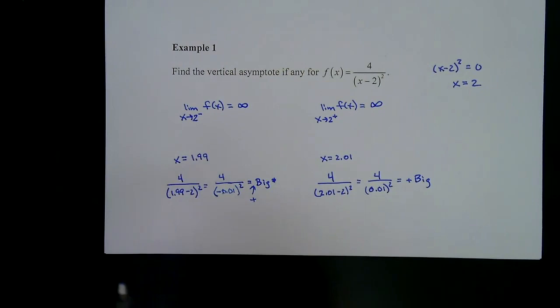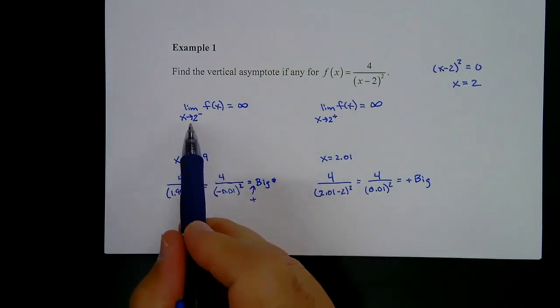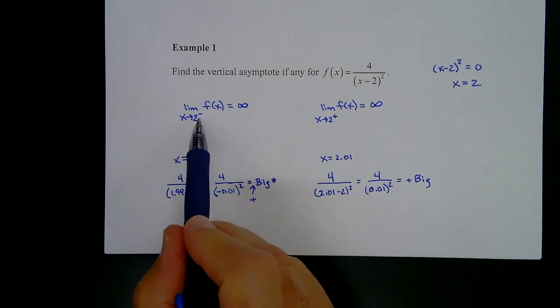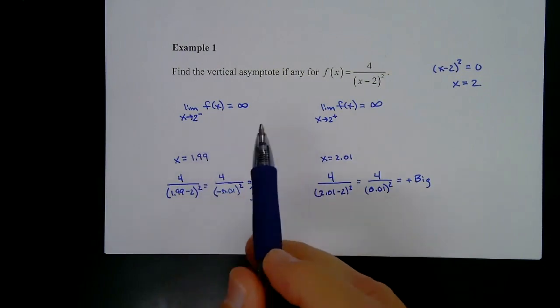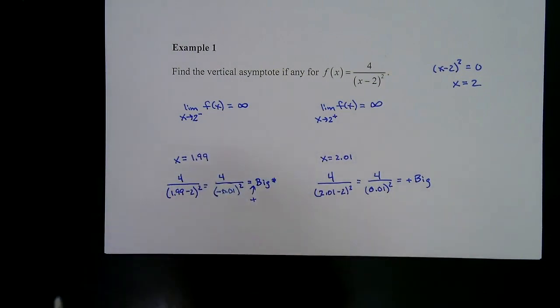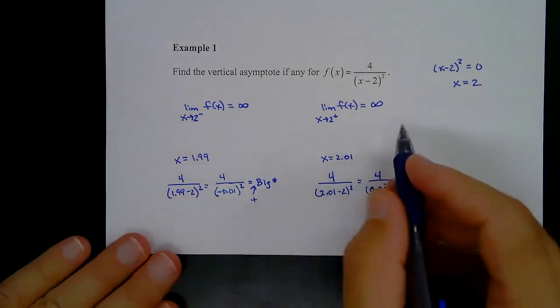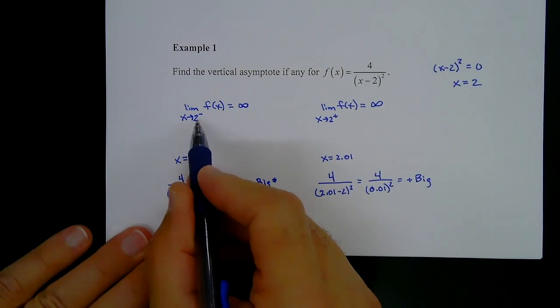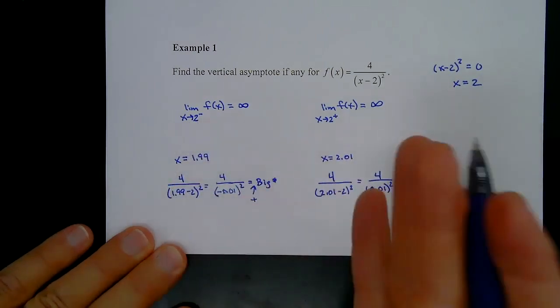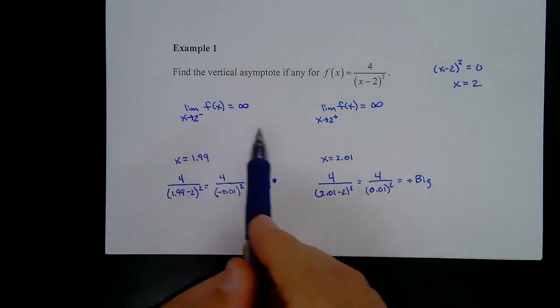All right, because of the definition of vertical asymptote: if x approaches a number from either the left or the right, and the result is infinity or negative infinity, that tells you there's a vertical asymptote. So you got to know the definition, okay? This means whenever this happens, as x approaches a number from either the left or the right, it doesn't have to be 2, then we'd have a vertical asymptote at this x value, okay?